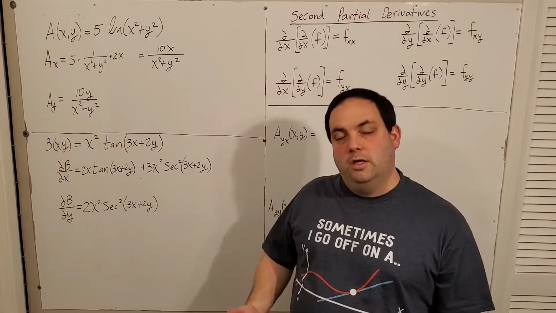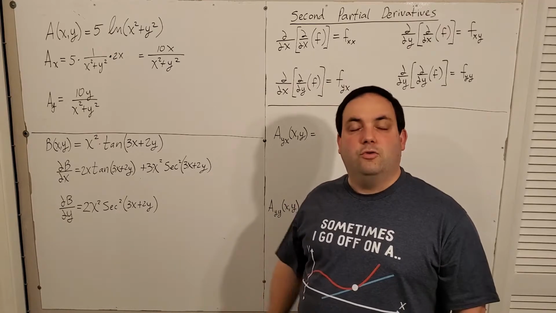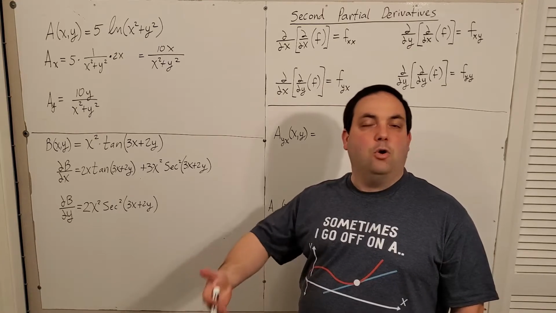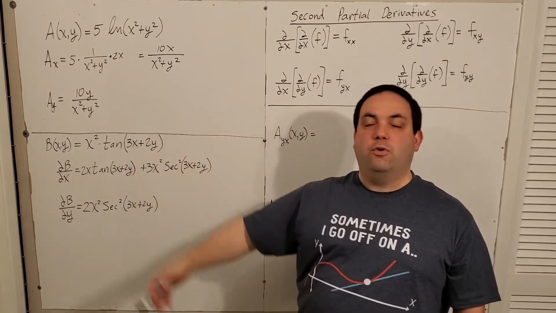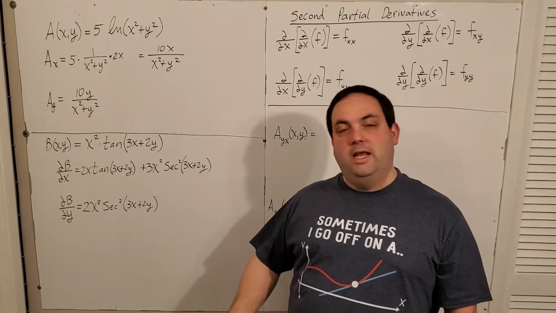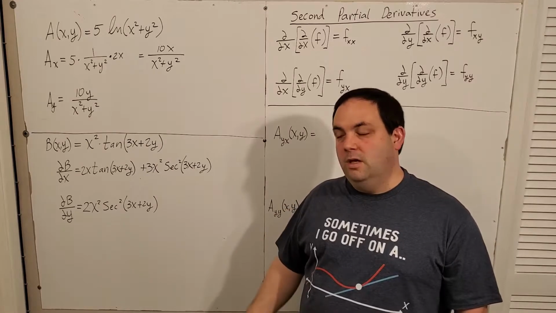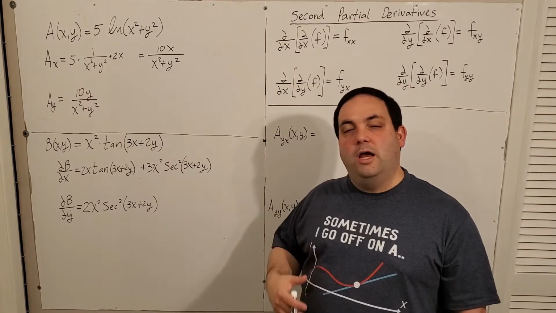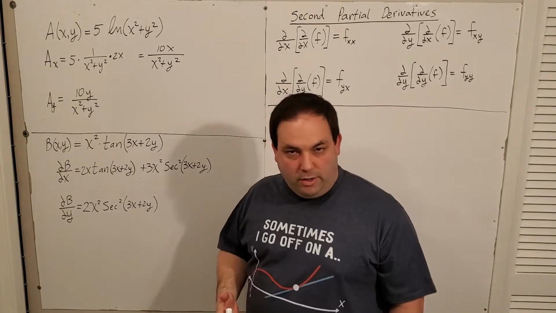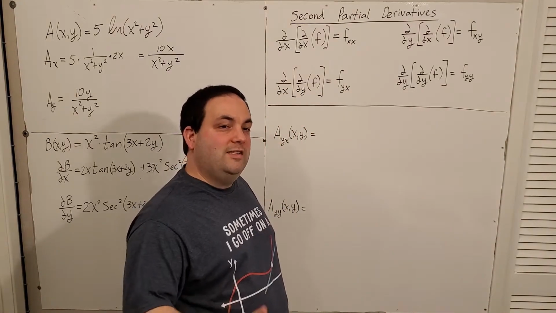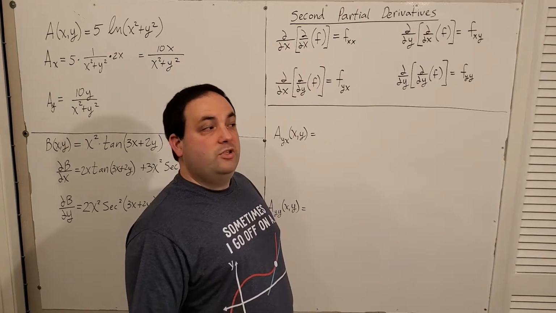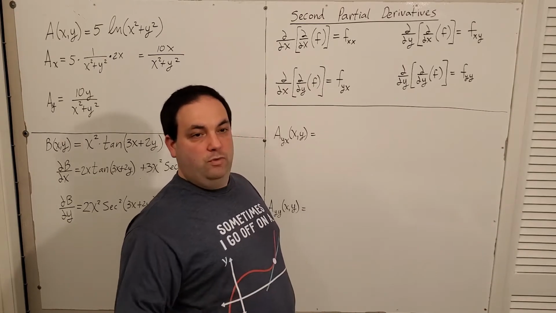Now, of course, just like in your other derivatives, you can have higher order derivatives, which is to do your second, third, and fourth derivative whenever you're in a single variable situation. But talking about higher order derivatives in a multivariable situation means that not only do you have something that you would call a second or third derivative anymore, but you also have the combination derivatives.